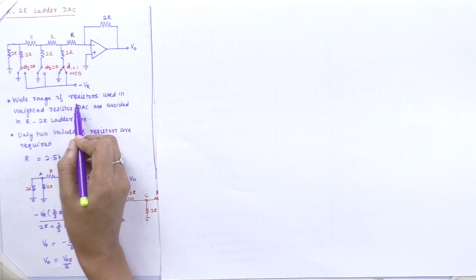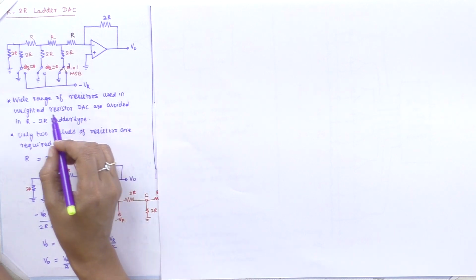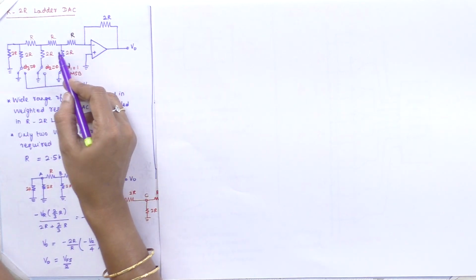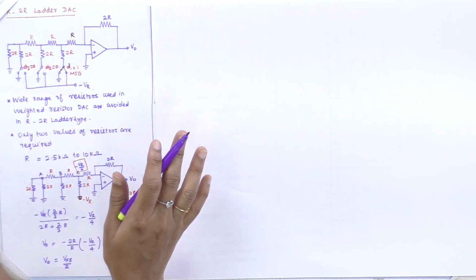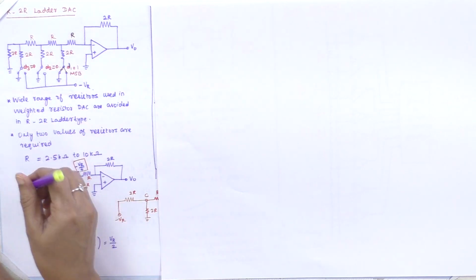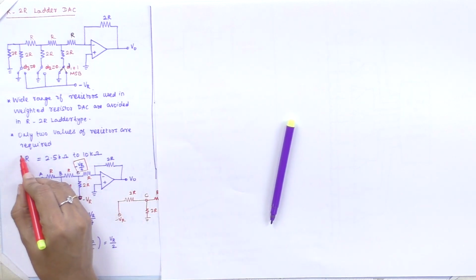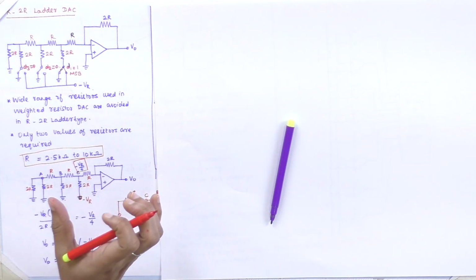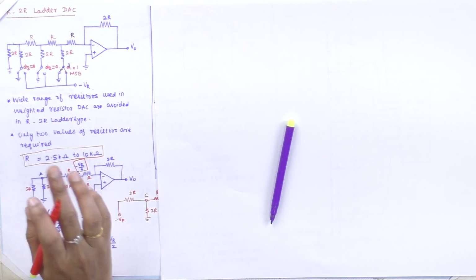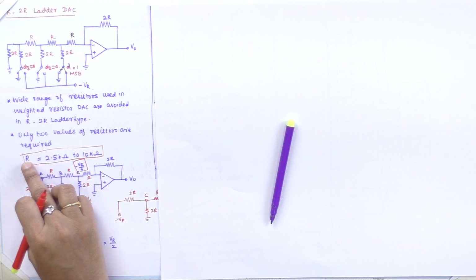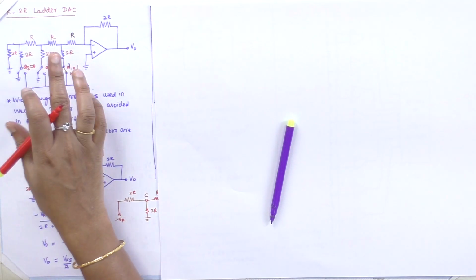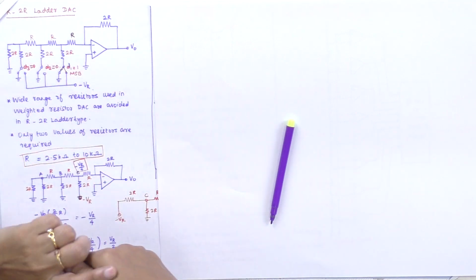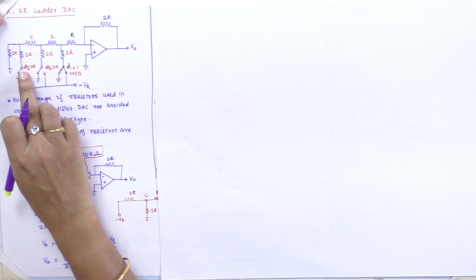Here the wide range of weighted resistors is avoided, and we use the R and 2R concept. Only two values of resistors are used, and R is in the range of 2.5 kilo ohms to 10 kilo ohms. That is the range of R preferred, and multiplying R by 2 gives the 2R value.